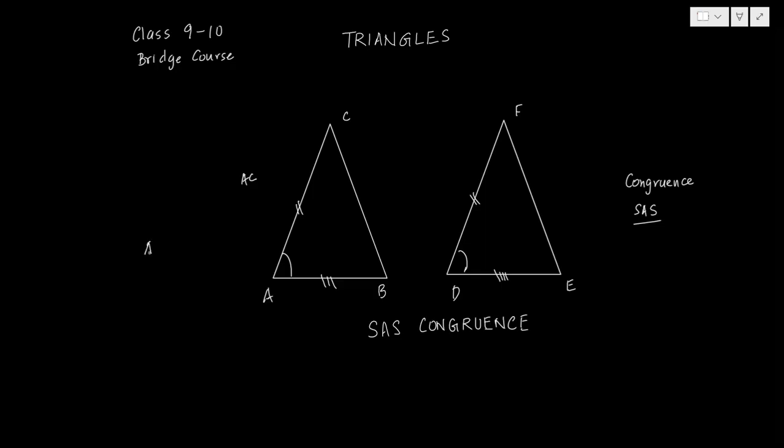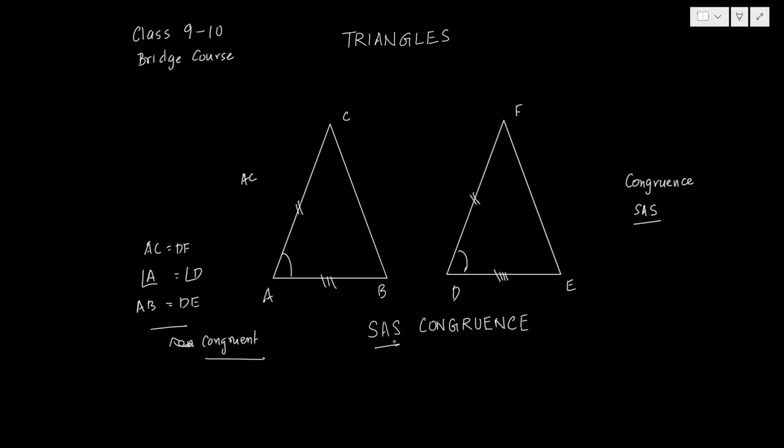If side AC is equal to side DF, and angle A is equal to angle D, and side AB is equal to side DE, then we can say these two triangles are congruent.